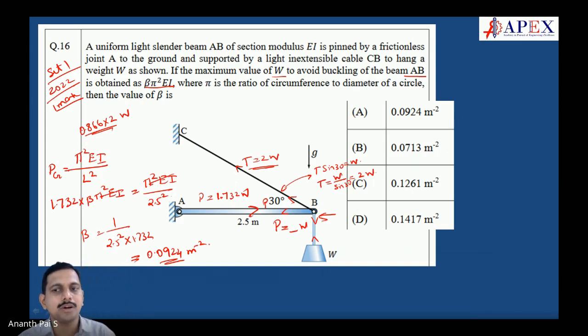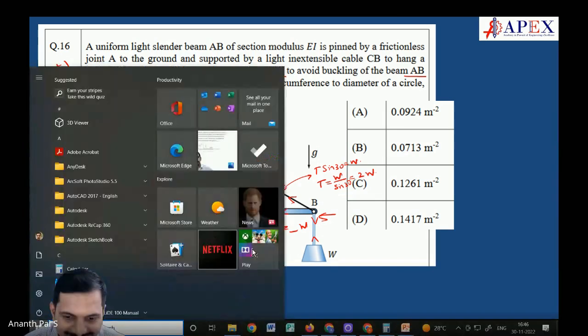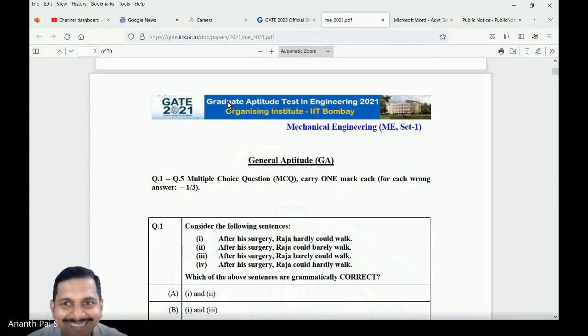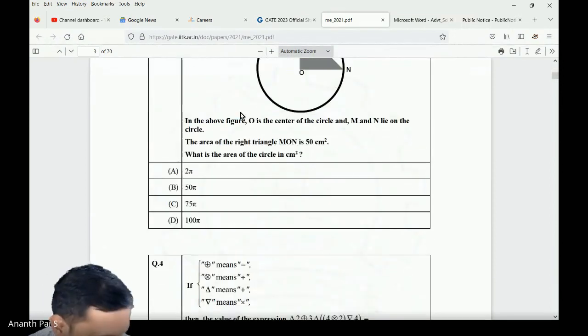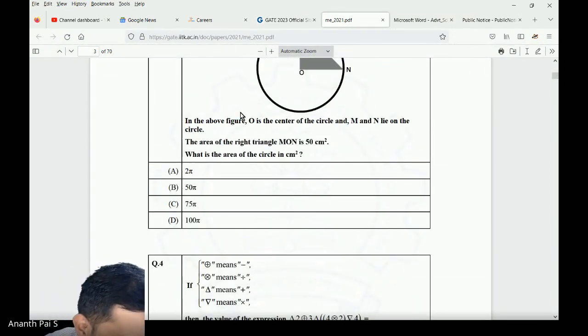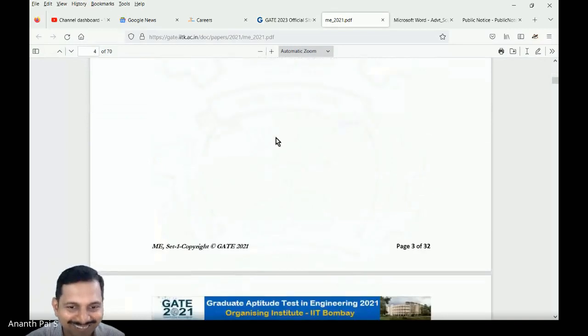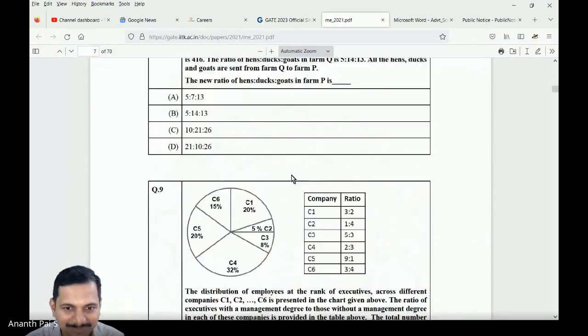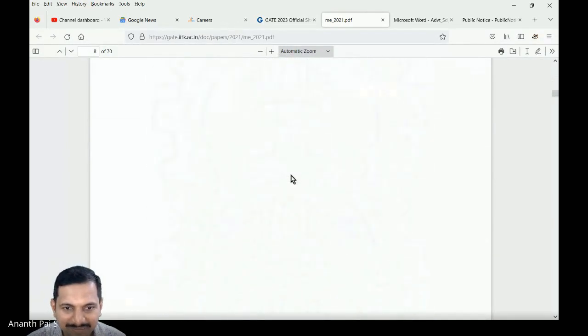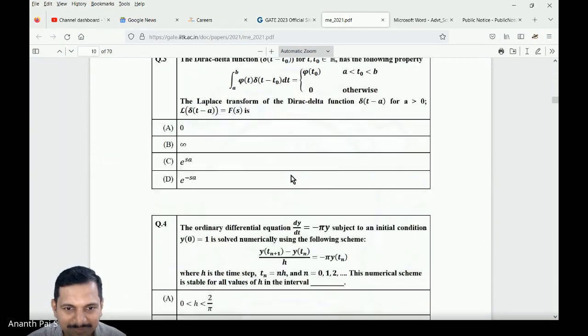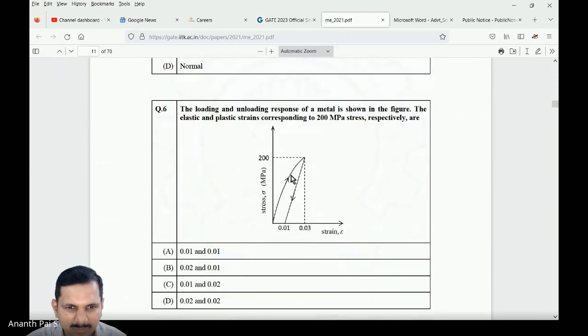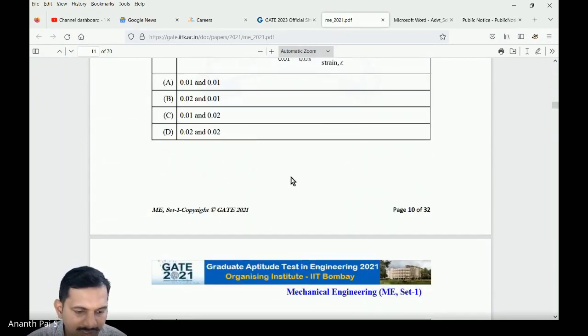W, to avoid buckling, is obtained as beta pi square EI. Sorry, set 2.